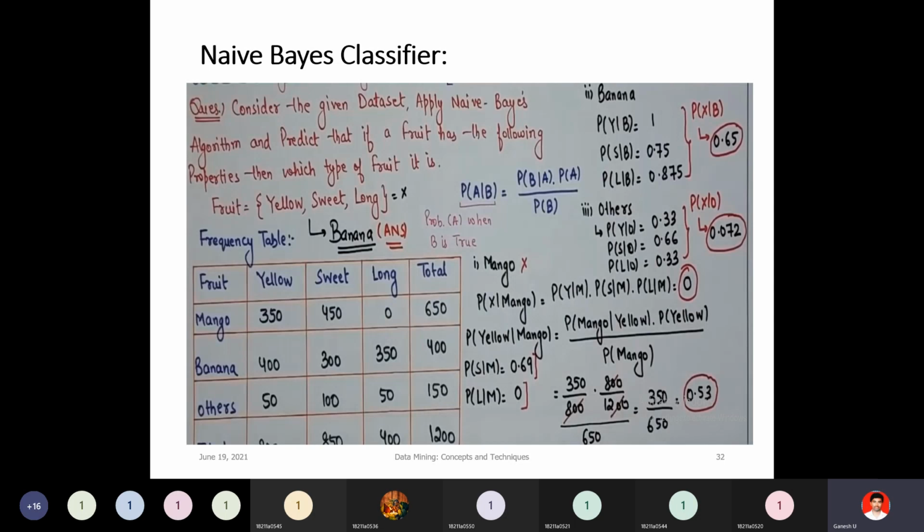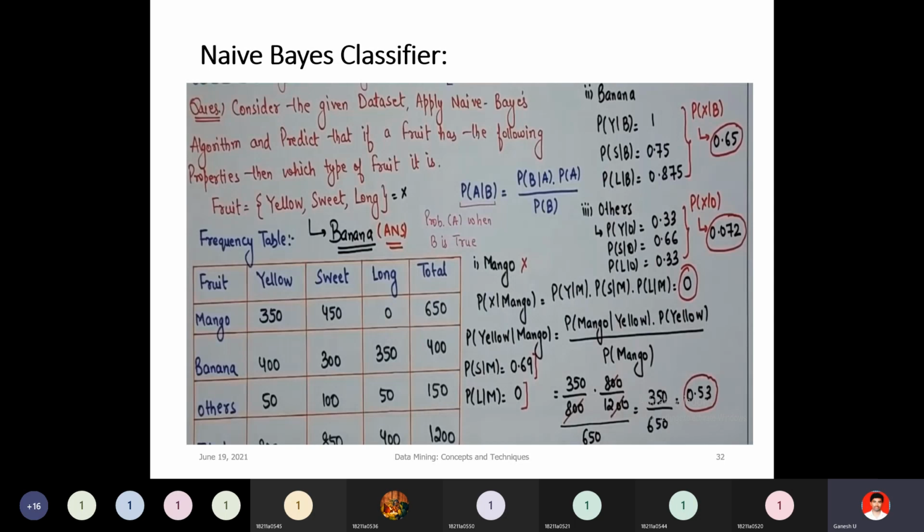In the same way you have to find P of sweet by mango. P of sweet by mango equals P of mango by sweet into P of sweet by P of mango. Substituting the values in the same way, you get 0.69. Then for P of long by mango, it is P of mango by long into P of long by P of mango.